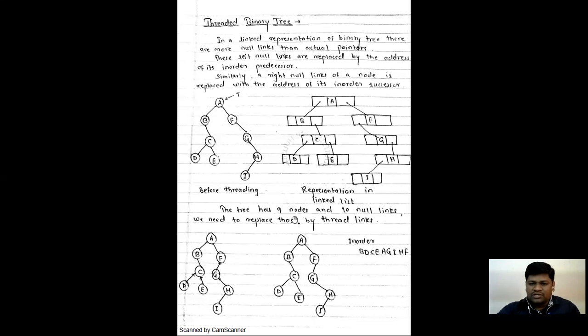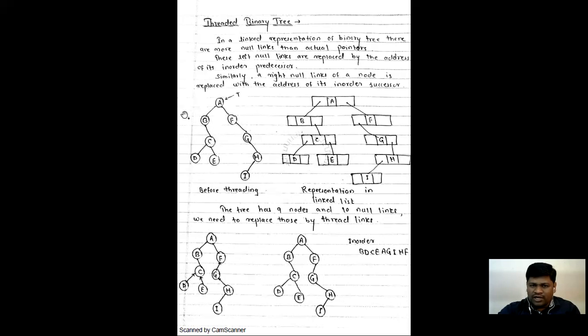Now the tree has 9 nodes. How many null pointers are there? Let's calculate the left subtree first. 1 for B. After that, for D, 2 null pointers, and for E, 2.